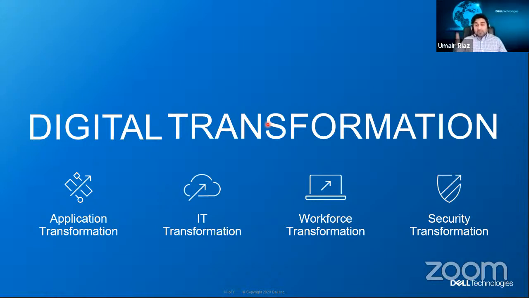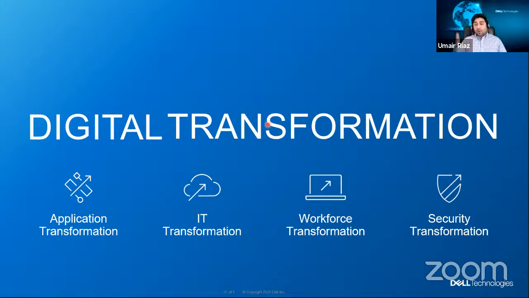And digital transformation consists of four additional transformations. In order for an organization to be digitally transformed, they need application transformation. That means they need to think about a new way of modernizing the applications that exist in their organizations. Second, they need to do IT transformation, which means delivering infrastructure faster to the developer and to the IT organization.